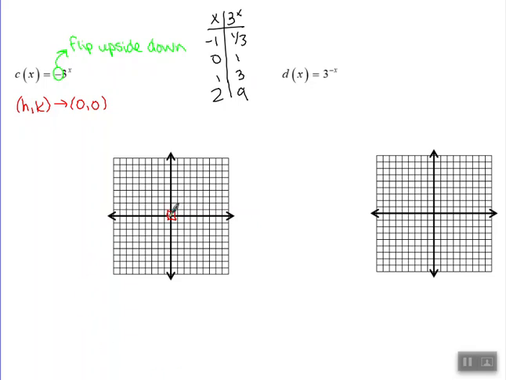Instead of our graph being here, it is going to get flipped over our horizontal asymptote. So our actual graph will be below our asymptote. And there we have our graph.